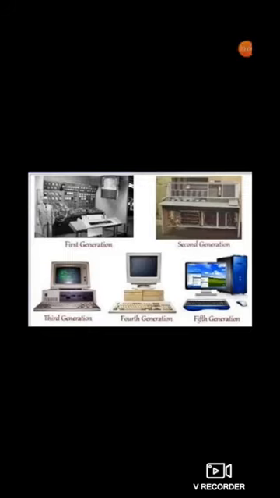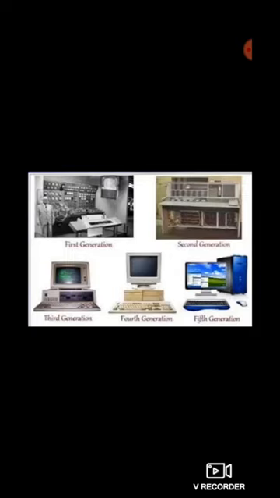So with this, students, we complete our chapter number 5, History of Computers. We just got introduced to what a computer was, and we saw the development phases from the first generation. Before the first generation, we saw the development of the abacus, then Napier's rod, and the Pascal line, and the analytical engine, the punch card reader.